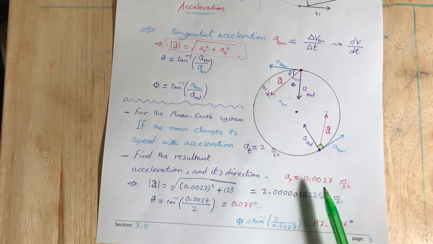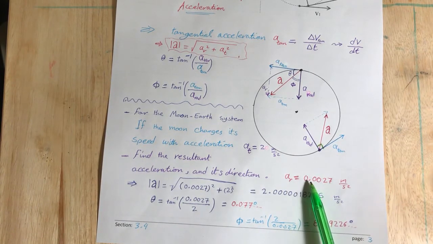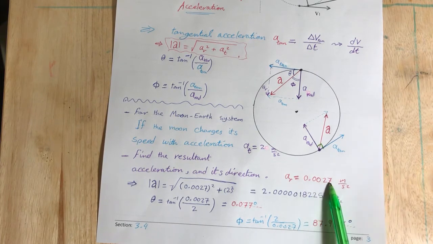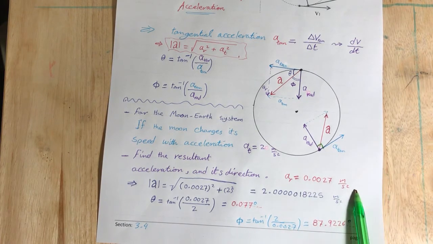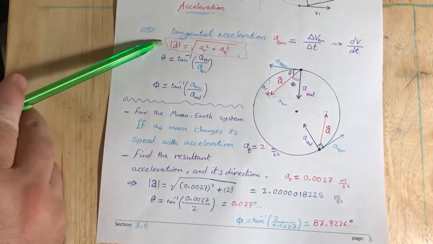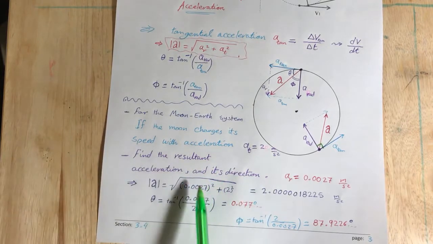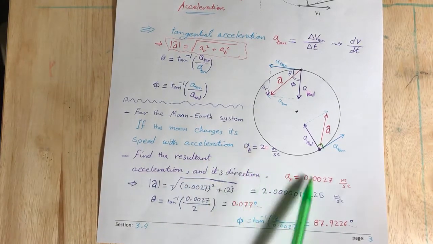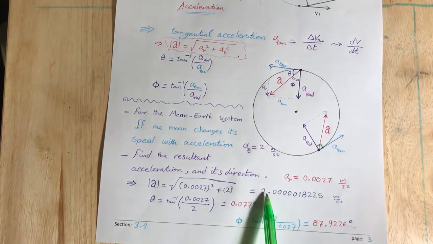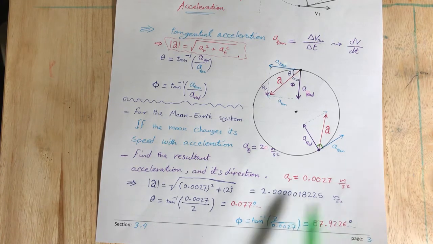We found from before that a radial is approximately 0.0027 meters per square second, and this is a tangential. We just need to use the Pythagorean theorem. A is equal to the root of the sum of the squares of the two accelerations. This will be equal to 0.5018 and something meters per square second.